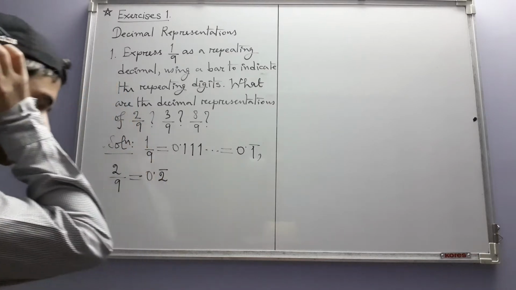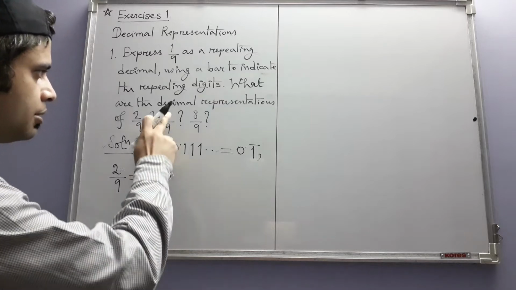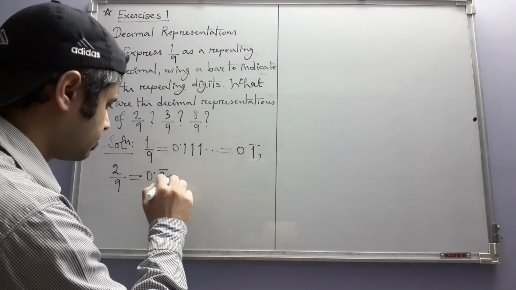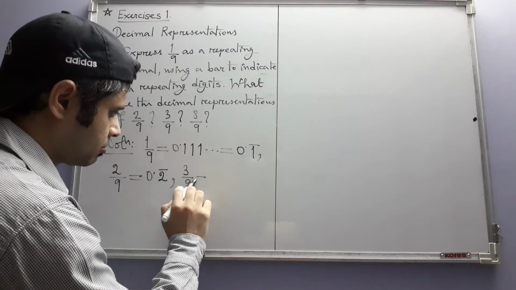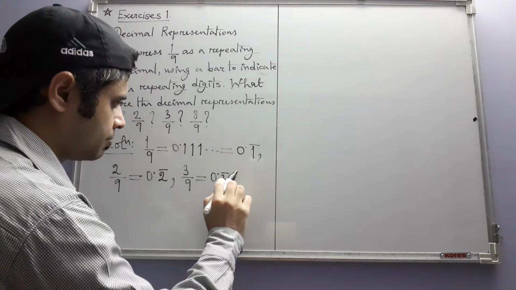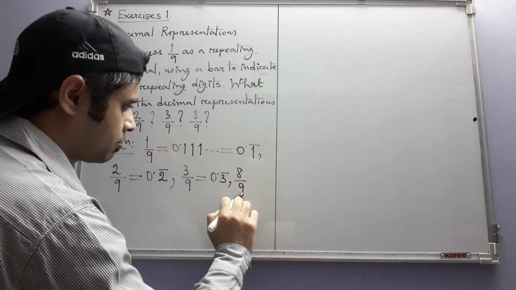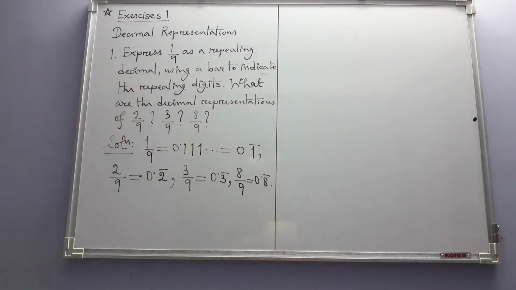The repeating digit in these cases turns out, in each one of them, to be the numerator itself. And the next is this.